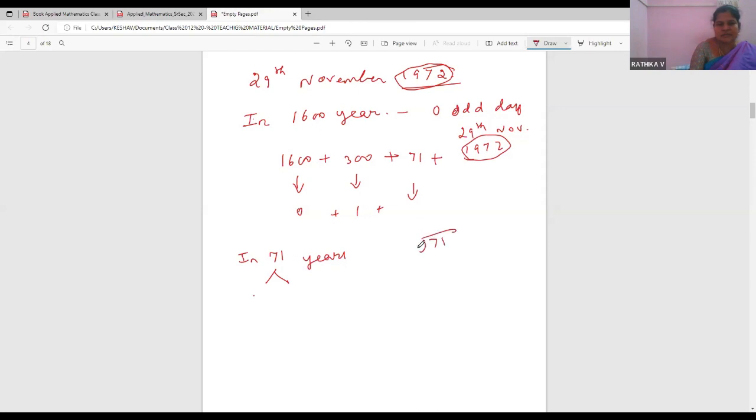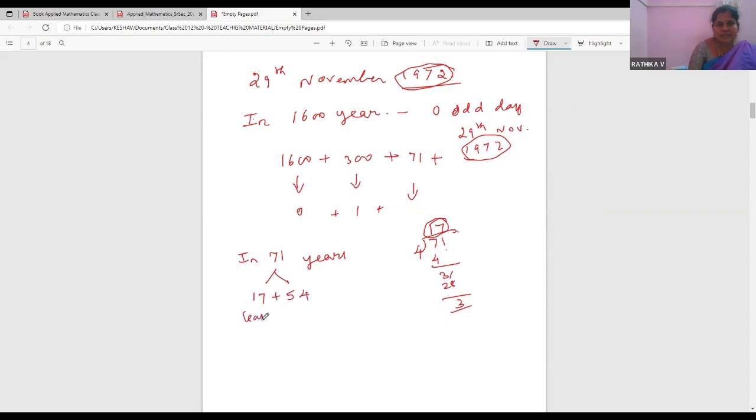So 71, I divide by 4. And so we get 17, it is 4 times 17 is 68, so we get 3 as remainder. So we need only how many leap years? There are 17 leap years, which means 54 we have non-leap years.